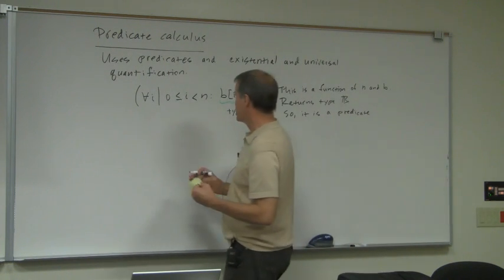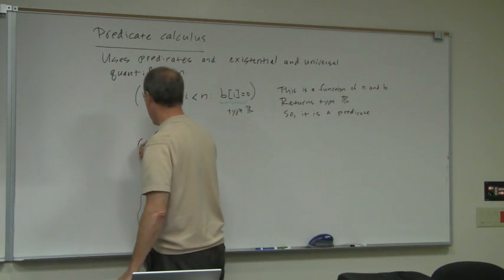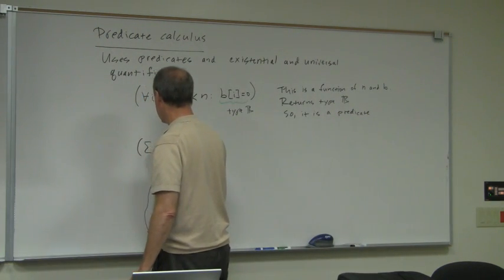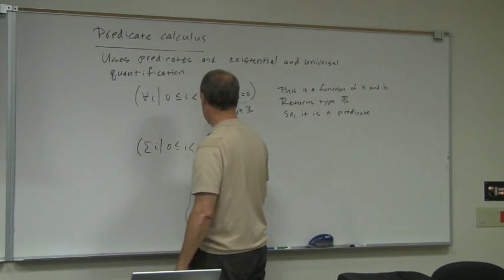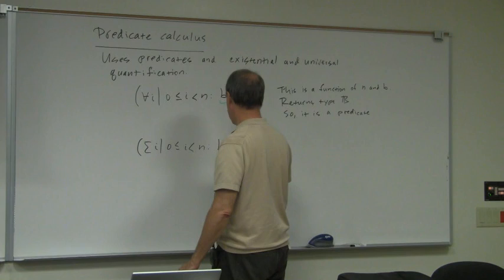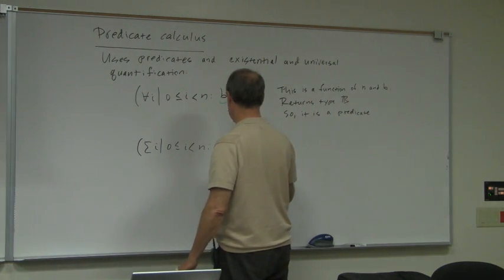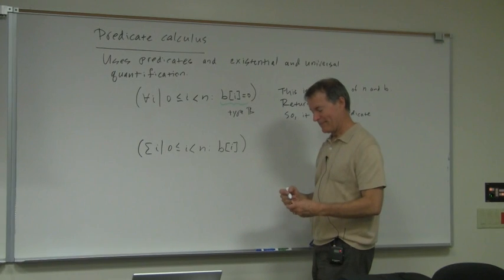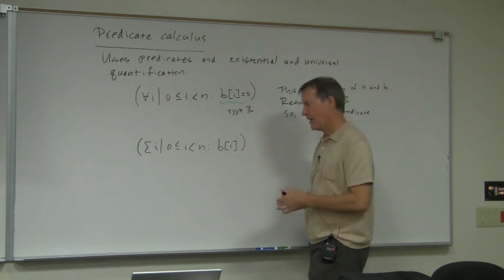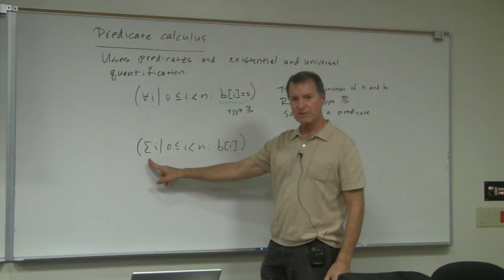Now think about this. Let's contrast that. How about we do this: sigma I, 0 less than or equal to I less than n, body b sub I. Let's think about this quantification. What's the operator for sigma?